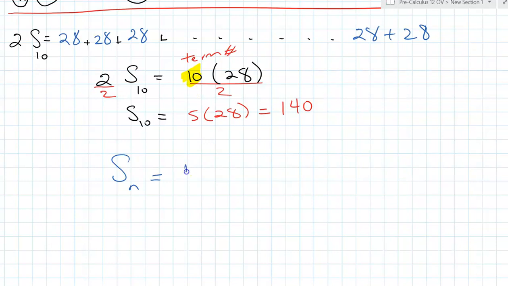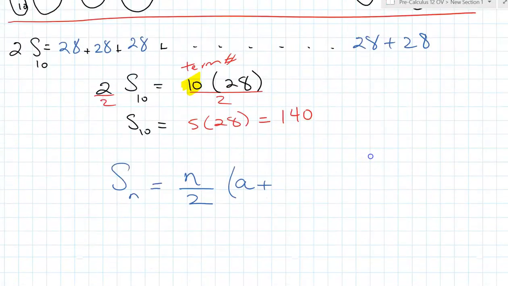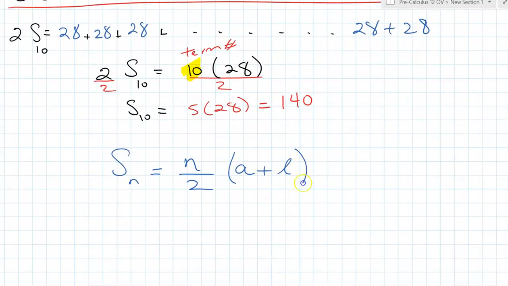Okay, so n. What did we do? We divided that by 2. And then what was the 28? The 28 was the first term plus the last term. Wasn't that the case? So first term plus the last term of the sequence, which in this case is T10, but let's call it L for the last term.